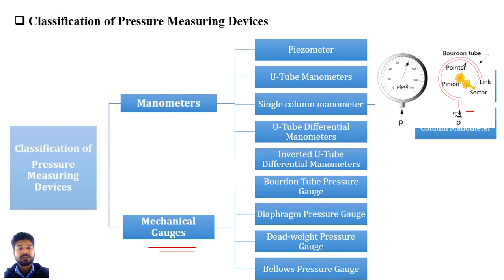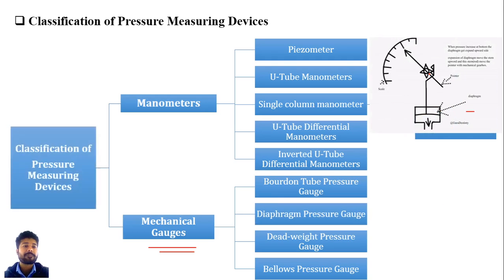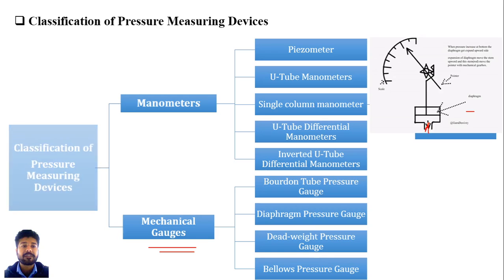Our next device is the diaphragm pressure gauge. When your pressure increases from this bottom side, this one is your diaphragm.